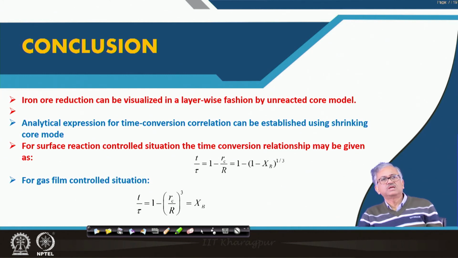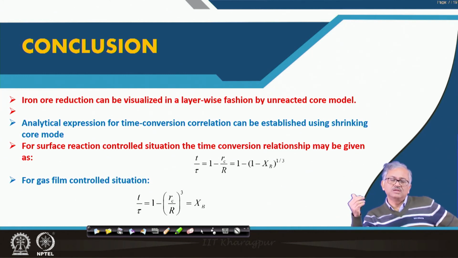Besides, we can also think the gas can diffuse through this product layer, like the iron layer as well as the magnetite layer, and reach the different interfaces. At all the interfaces, gas can reduce. For example, at the hematite-magnetite interface, it can reduce hematite to magnetite, at the magnetite-wustite interface, it can reduce magnetite to wustite, and at the wustite-iron interface, it can reduce wustite to iron.